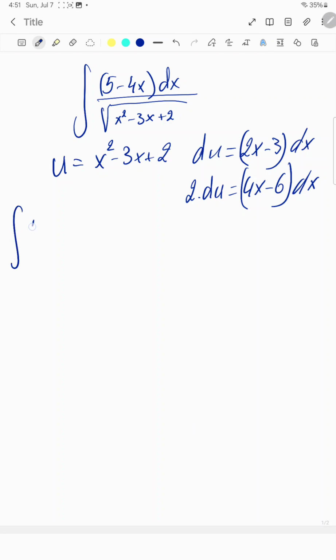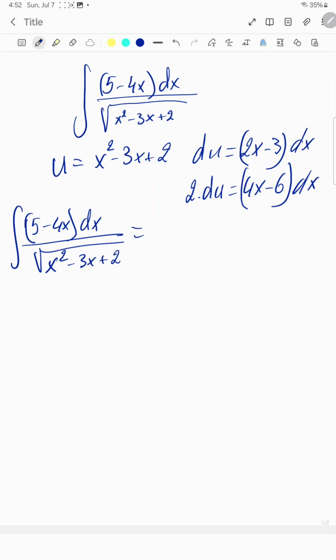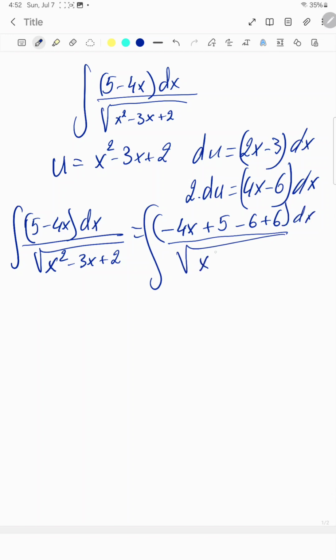So that integral, which is 5 minus 4x dx divided by square root of x squared minus 3x plus 2, is equal to minus 4x plus 5 minus 6 plus 6, dx divided by square root of x squared minus 3x plus 2.